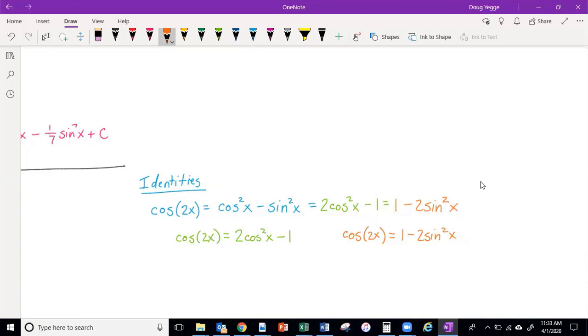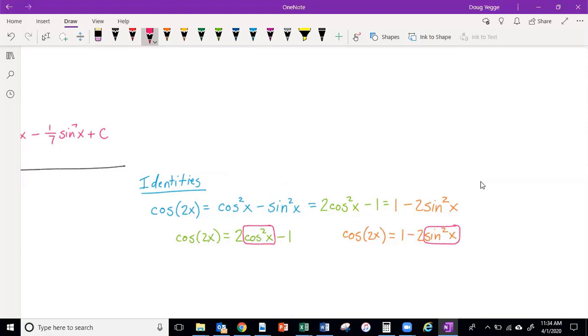But the whole point of what we want to talk about here is that we're using the double angle formula for cosine, which is right here or over here. I mean, they're both the same. In order to convert it so that I can now solve by isolating cosine squared x and by isolating sine squared x.